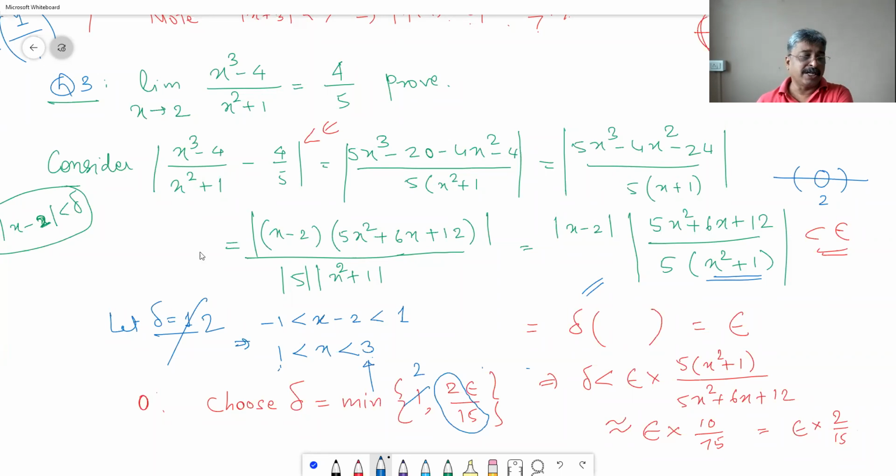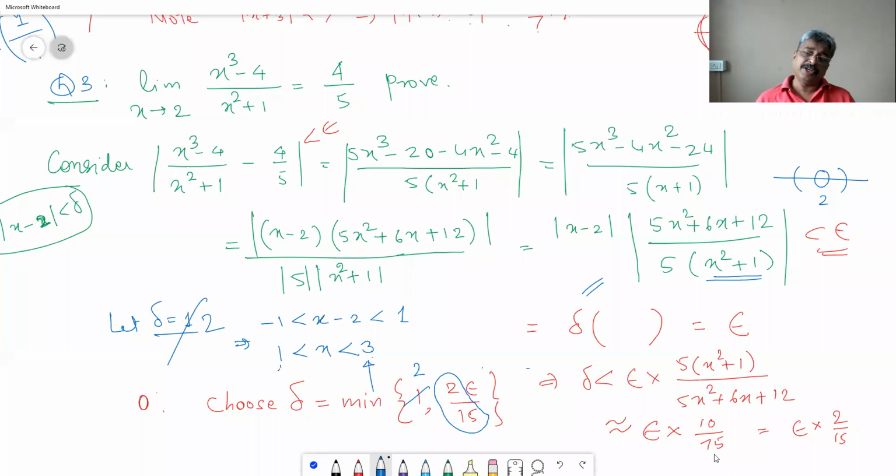But as far as this delta equal to 1 is concerned, why? I mean, you take 2, no problem. You take 100, no problem. Because academically, this proof will be complete, because we are getting rid of this particular multiplier, which is otherwise a function of x. You cannot predict what is the value of this for different x, and we want to have this value to be very, very safe.